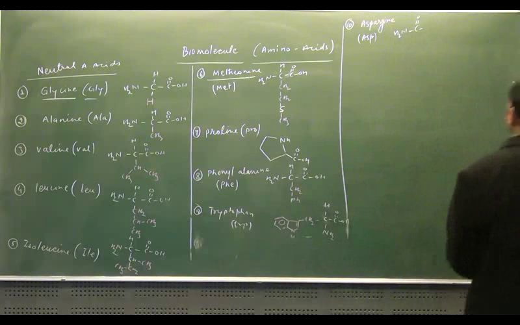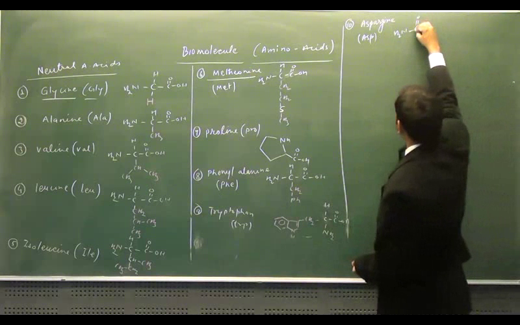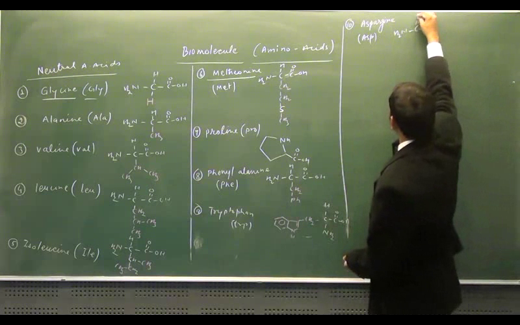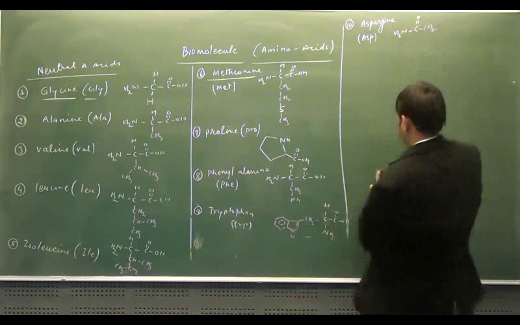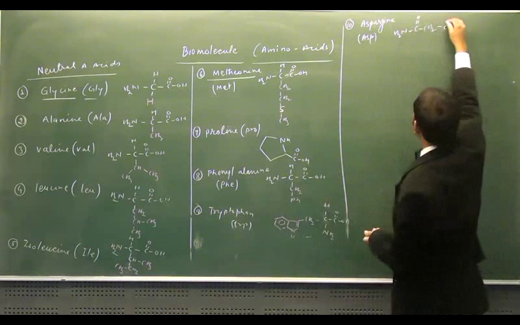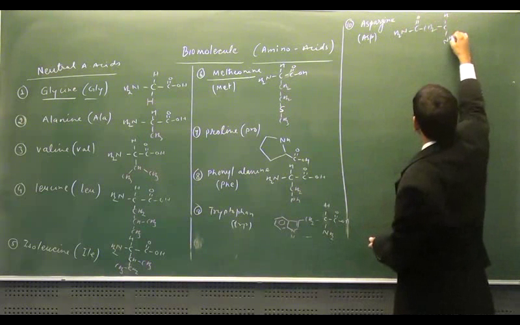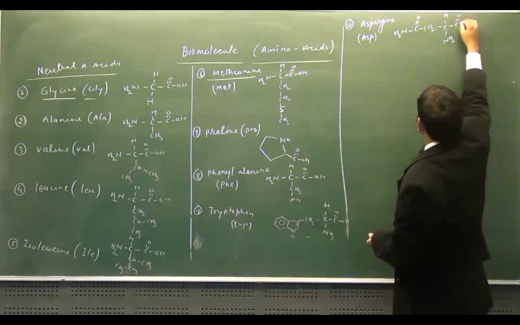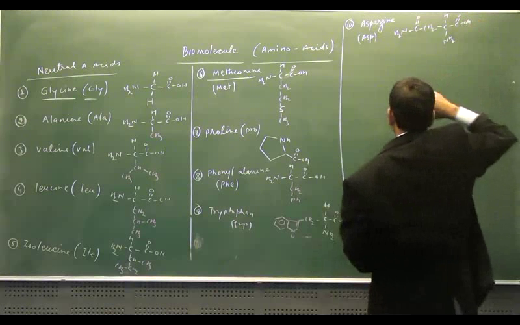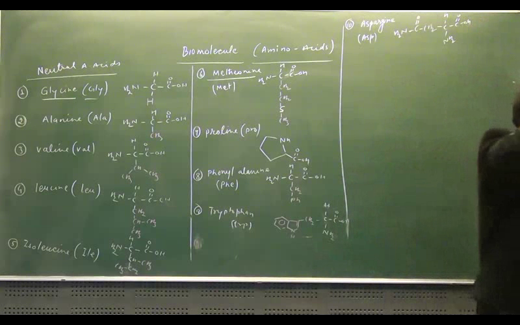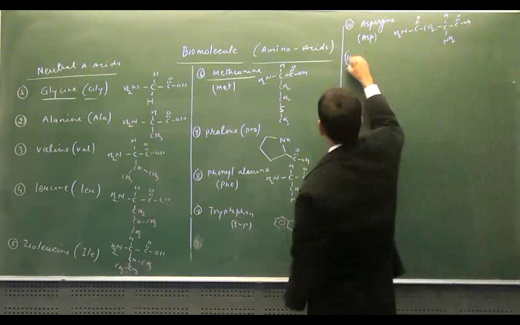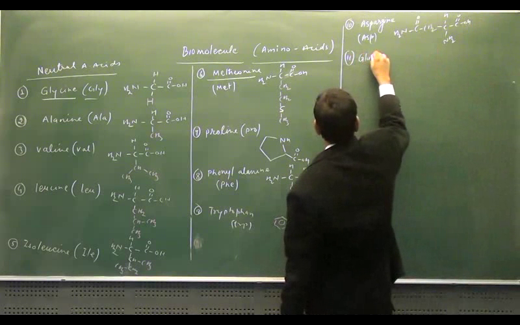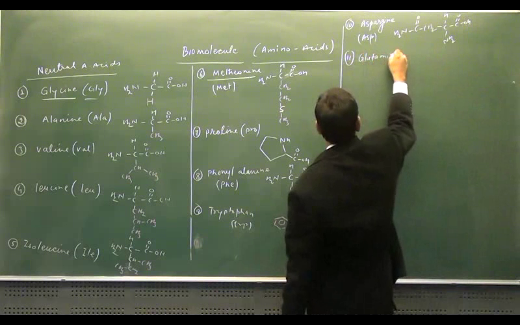This is the side chain. C double bond O, CH2, NH2. After that it is glutamine. One more carbon is there. GLN, glutamine.